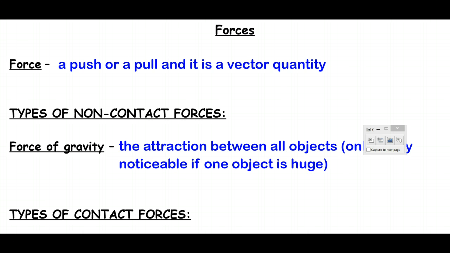So in order for anything to move at all, we have to deal with forces. So a force can be a push or a pull, and this is also a vector quantity. Remember, if we have a vector quantity, it means that there's a direction associated with it. And that sort of makes sense because if we're pushing or pulling something, we can also say what direction we're doing that in. So for each type of force, we're going to learn about different types of forces.